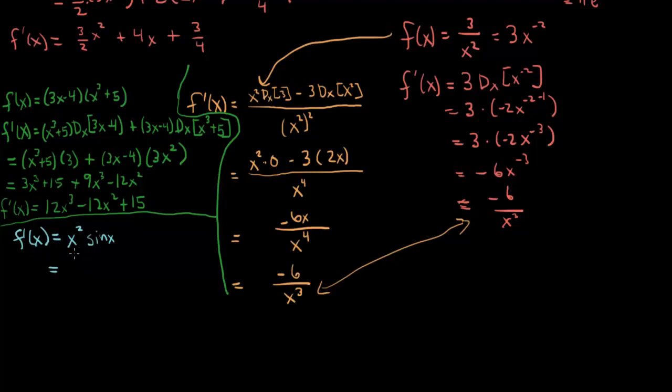it says we can take the second function, which is sine x, times the derivative of the first, which is x squared. Oh, I'm going to run out of room again. Let me back this up a little bit.